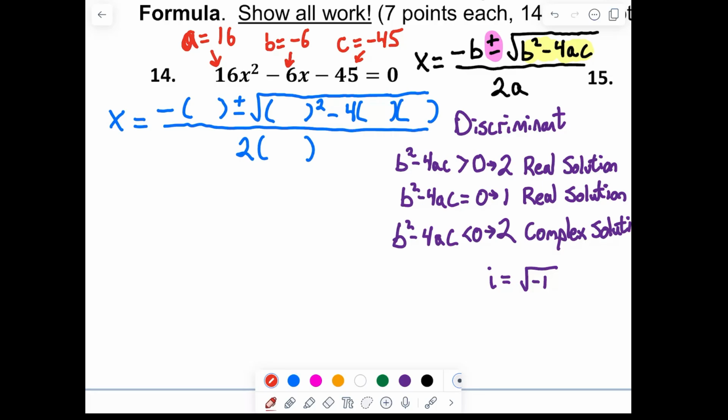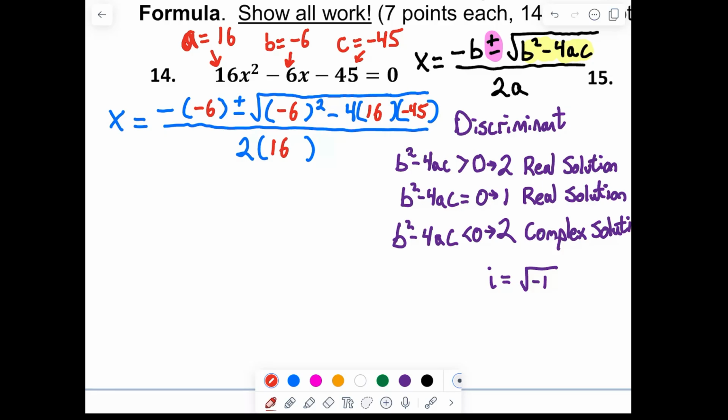So I'm rewriting the quadratic formula, and I am just putting a set of parentheses anywhere that I have a letter. So x equals negative parentheses plus or minus square root of parentheses squared minus 4 parentheses parentheses, all over 2 parentheses.